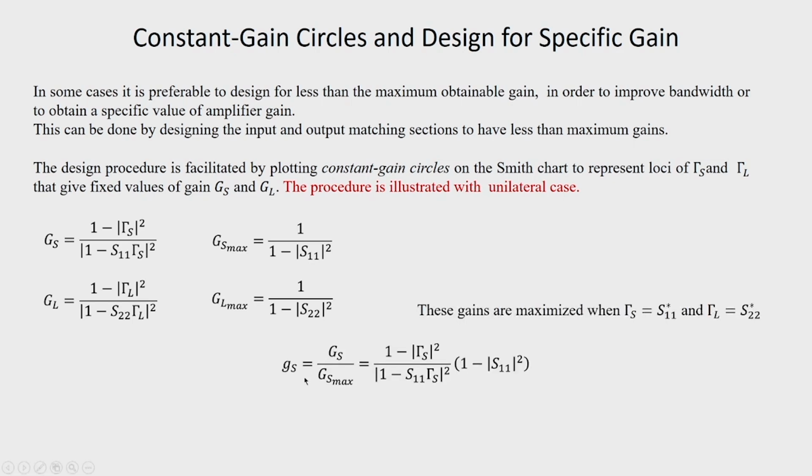Now, we define small gs equal to Gs by Gs max, and this can be written as 1 minus mod gamma S squared divided by mod of 1 minus S11 gamma S, squared, times 1 minus mod S11 squared.